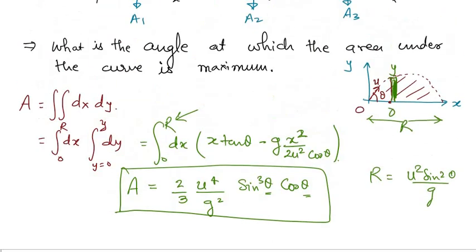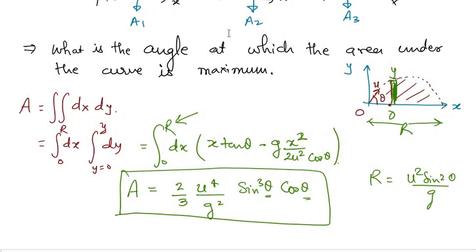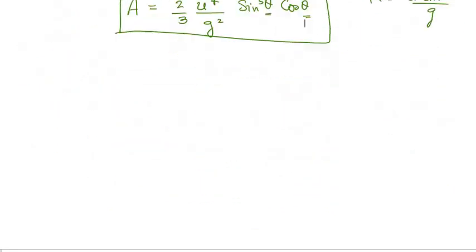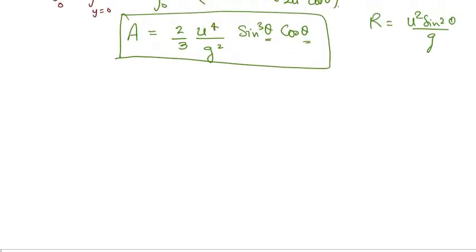Then again we are going to use the concept of maxima and minima. For area to be maximum, the sine cube theta cos theta term, because that is the only variable that depends upon theta, should be maximum.